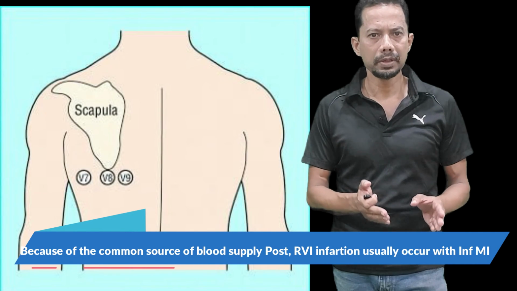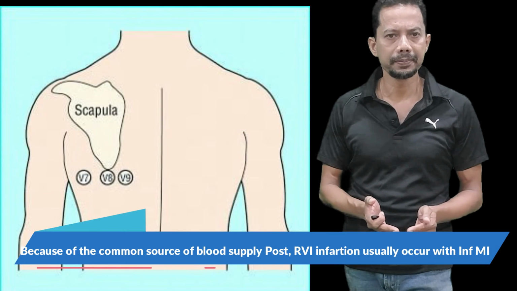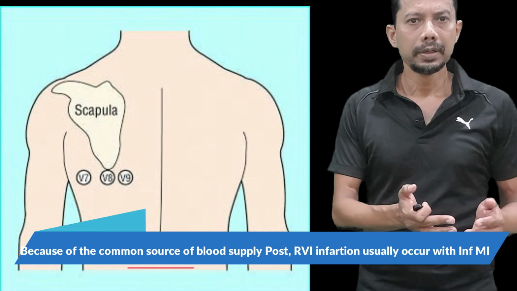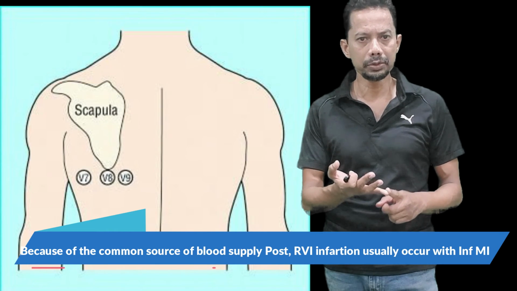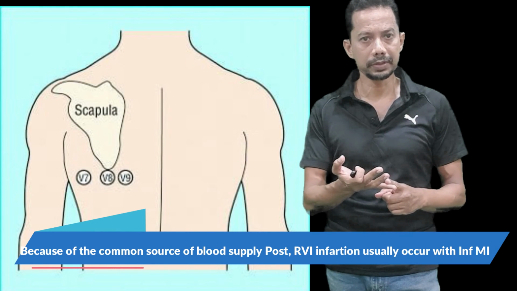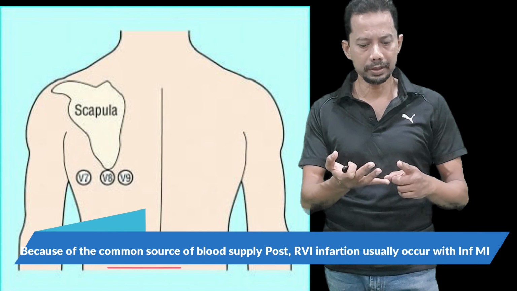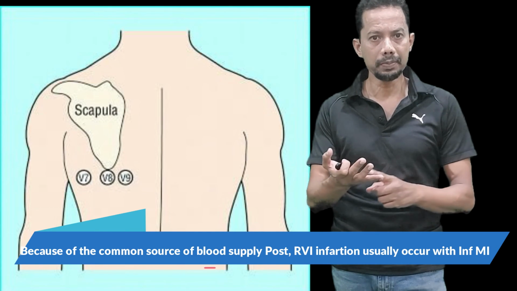They always occur when there is inferior wall MI because of the nature of the blood supply. And so the take-home message is, if there is inferior wall MI, you should look actively for right ventricular infarction and posterior wall infarction. And if you detect right ventricular infarction, you look for inferior wall MI and posterior wall MI.